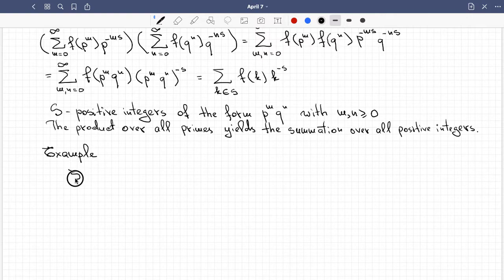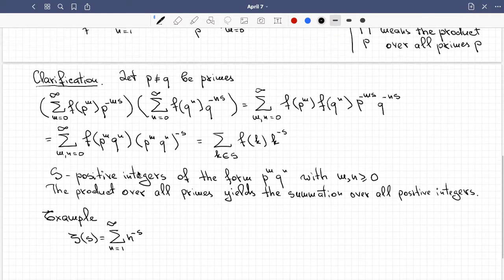Riemann's zeta function is the sum from 1 to infinity of n to the minus s.